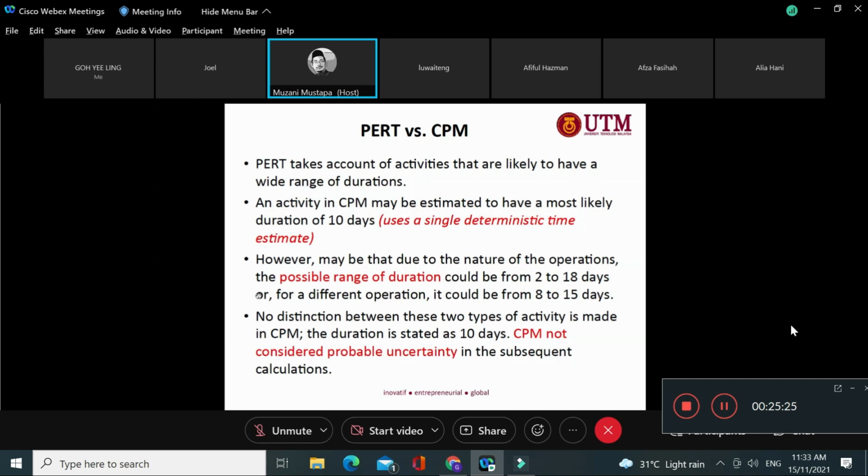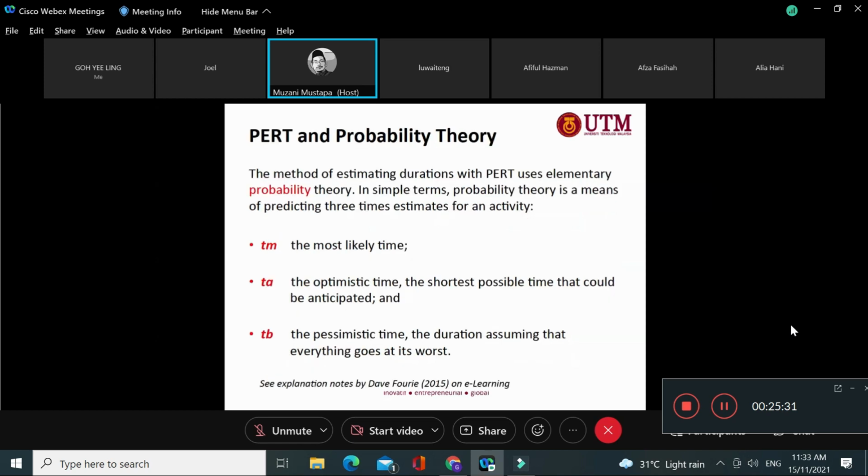In CPM they do not consider these things, we do not consider probable uncertainty. So with PERT, which has three time estimates, we call them TM, T time, M most likely, A optimistic, B pessimistic, right? So this is the explanation of the times. All these TM, TA, TB, there are 3.